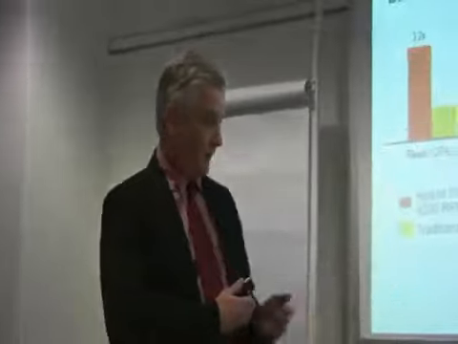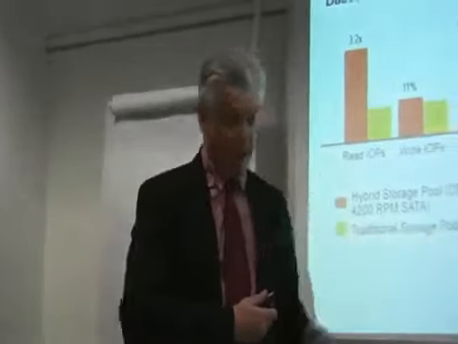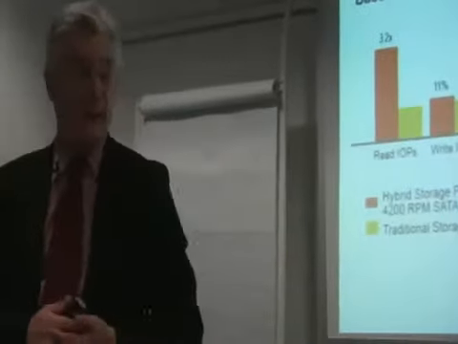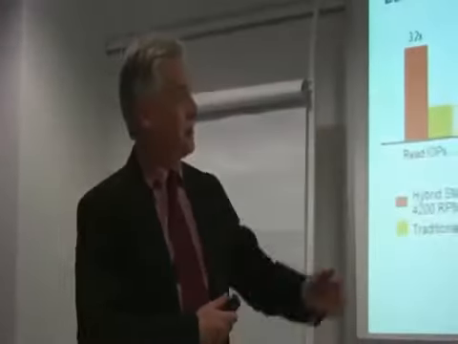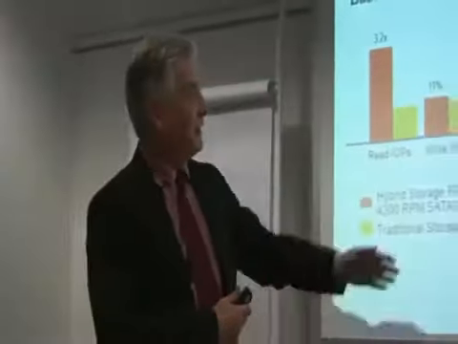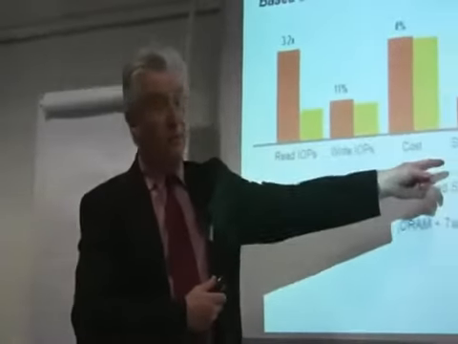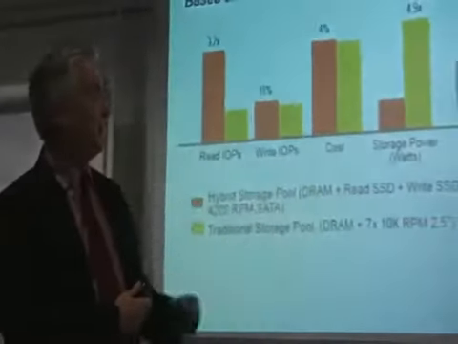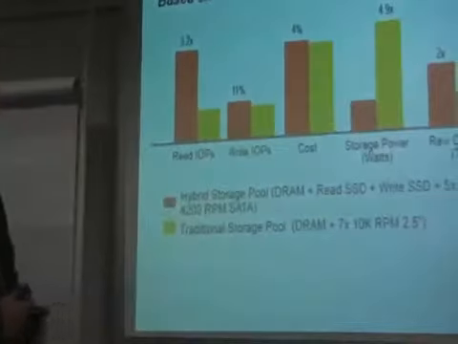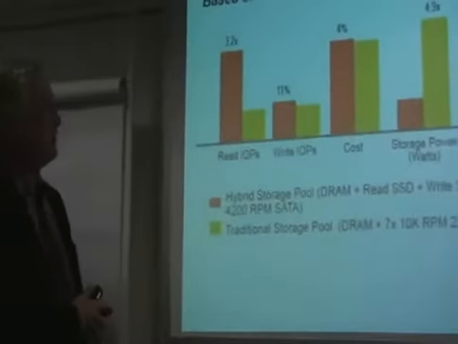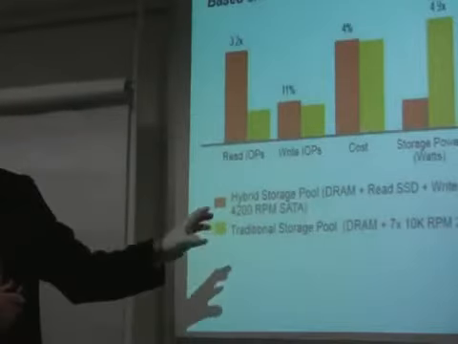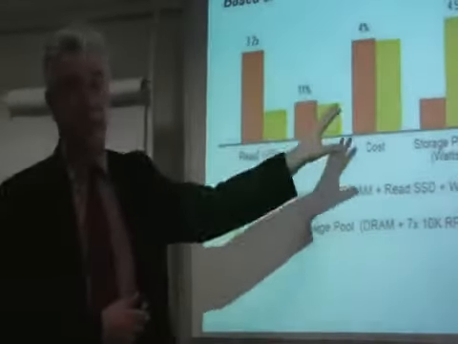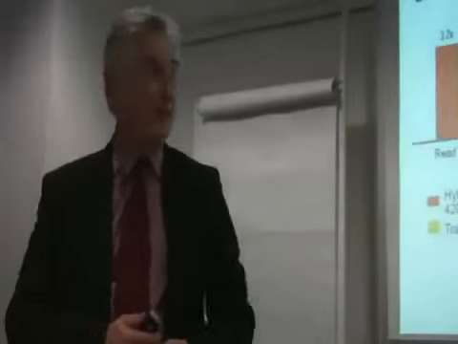If this was OLTP, you'd probably be using a number of fast fibre channel devices. In actual fact, if you summarize the results, you've doubled your capacity, you've divided by 5 your power consumption. This is very significant. Cost is about the same, and your read and write operations have increased significantly. Now, depending on how you make the mix here, you can adjust these parameters accordingly, but there's savings to be had.